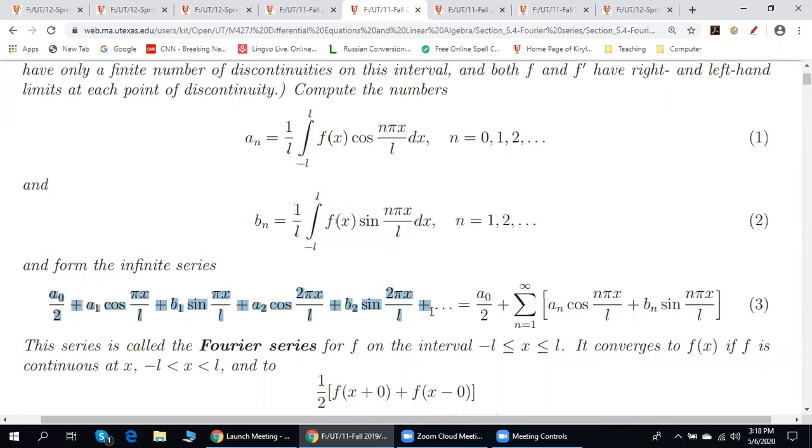This series converges to f of x. Converges, in simple words, means is equal to f of x. This infinite series converges to f of x if, number 1, x is not one of the endpoints.